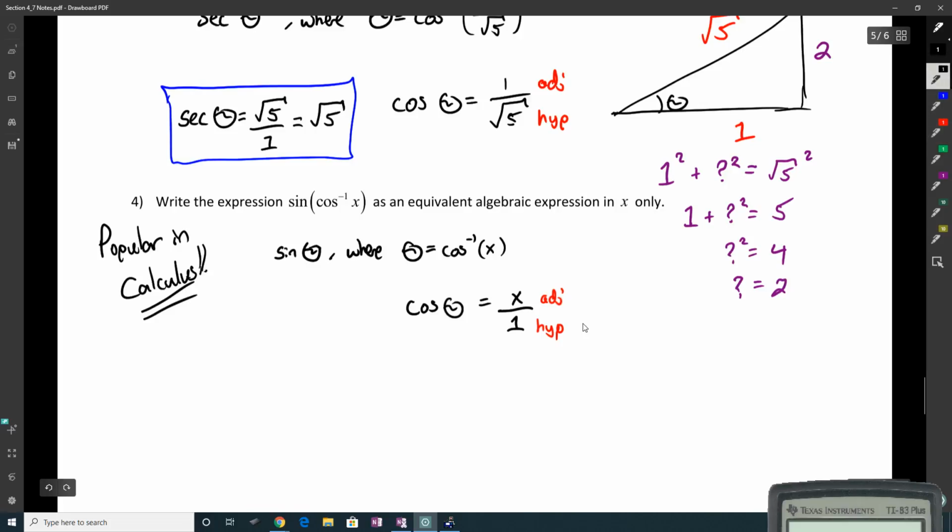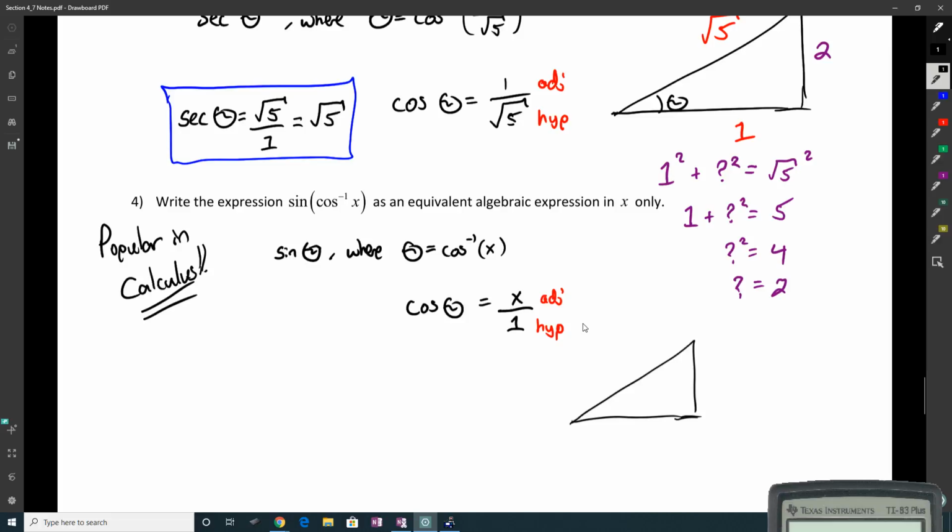Okay, and notice that this is positive. So that means it has to be in quadrant 1. But anyway, so the hypotenuse is always positive.